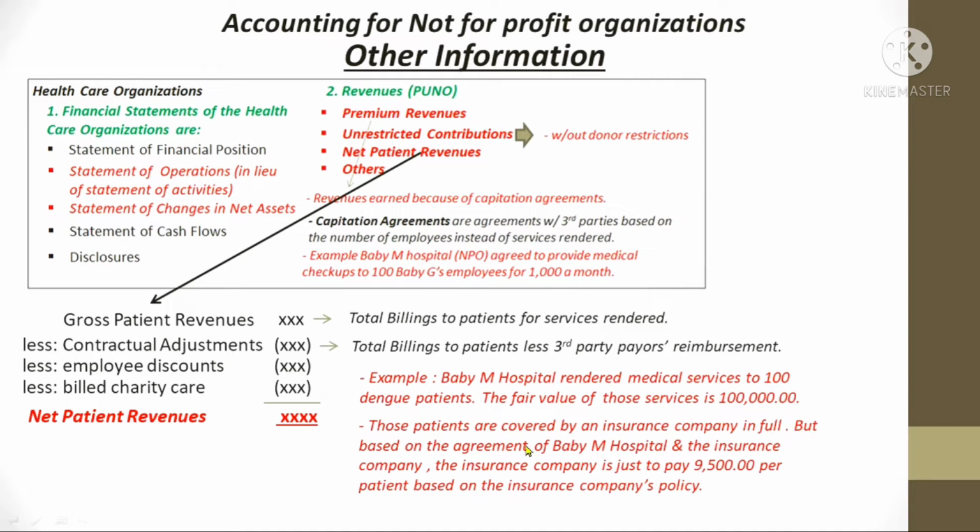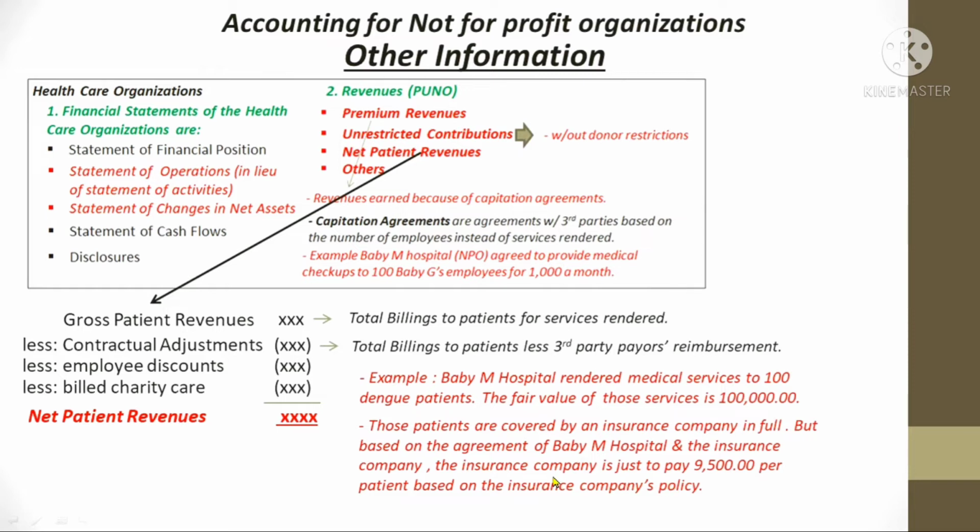But there is an addition again: based on the agreement of BBM Hospital and the insurance company, it will just pay 9,500 per patient based on the insurance company's policy.